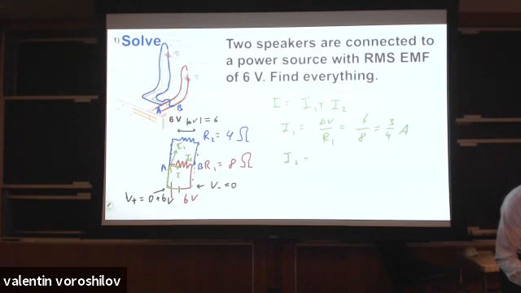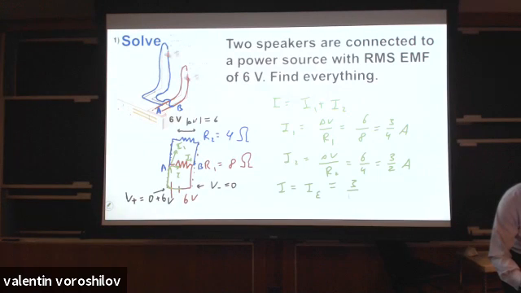Current number 2 is equal to the same delta V over R2, which is 6 over 4, which is 1.5. Yeah. 3 over 2 amps. And now, of course, we can calculate total current. Where does it travel? Well, this current travels through the battery. So it's going to be 3 over 4 plus 6 over 4, 9 over 4 amps.